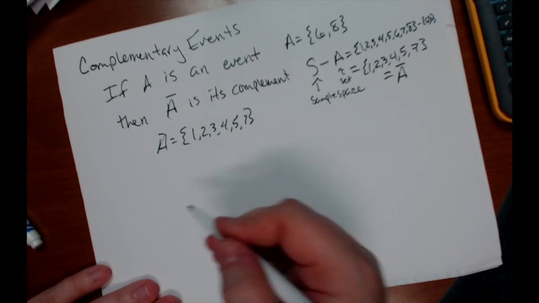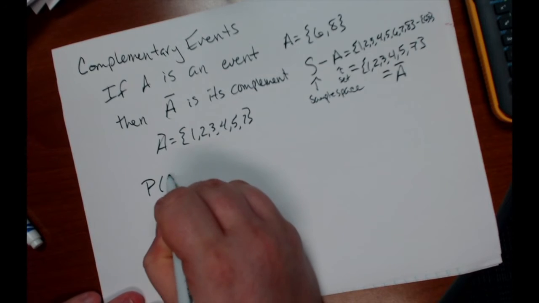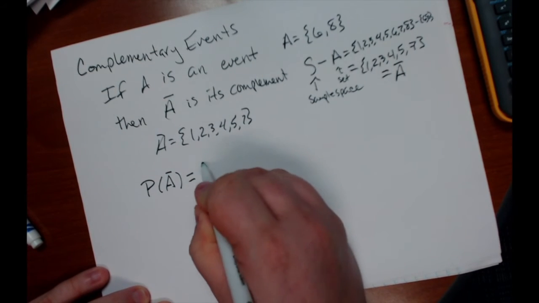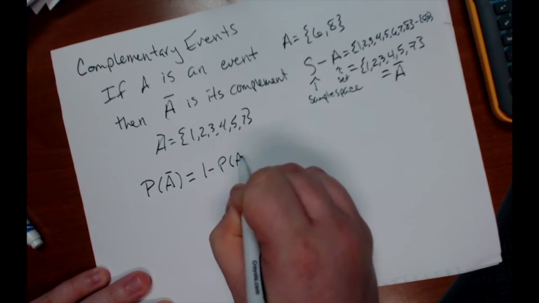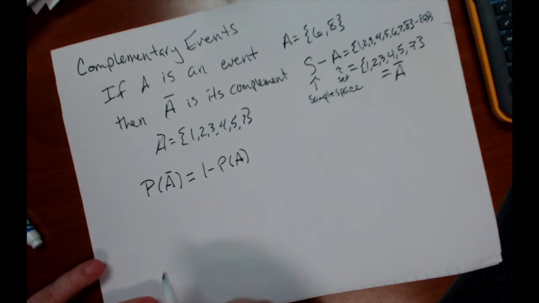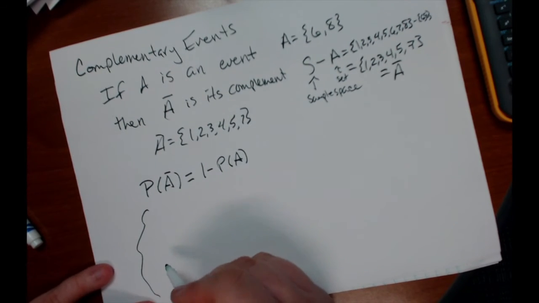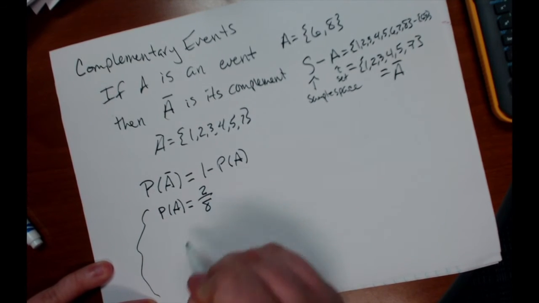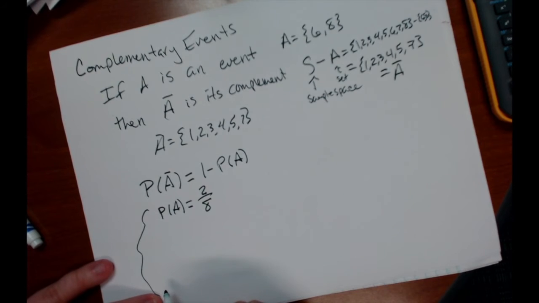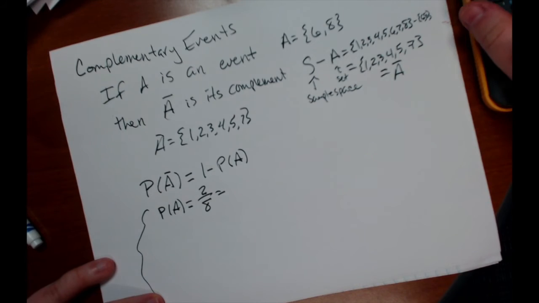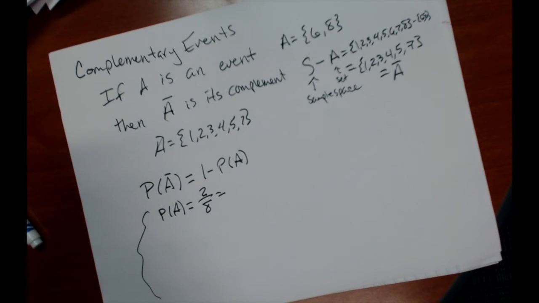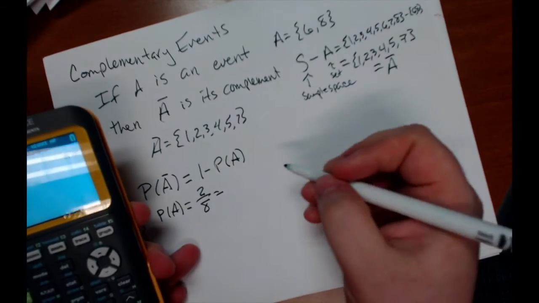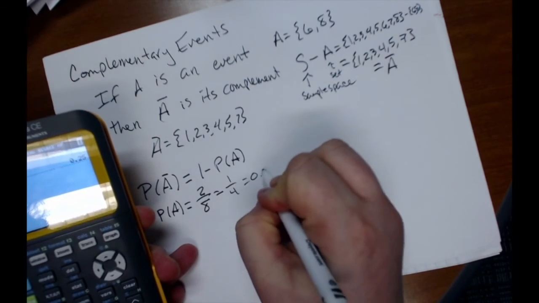An important follow-up is the probability of A complement is 1 minus the probability of A. And let's kind of work on proving that to ourselves. Well, the probability of A is 2 possible outcomes out of 8 total, which is, if we take 2 8s to convert it to a fraction, 2 8s gives us 1/4, or 0.25.